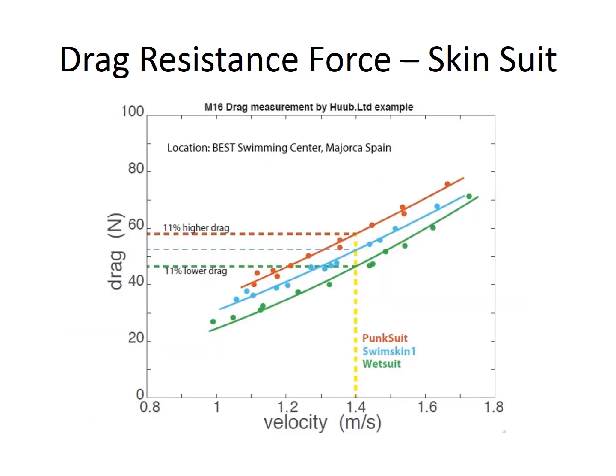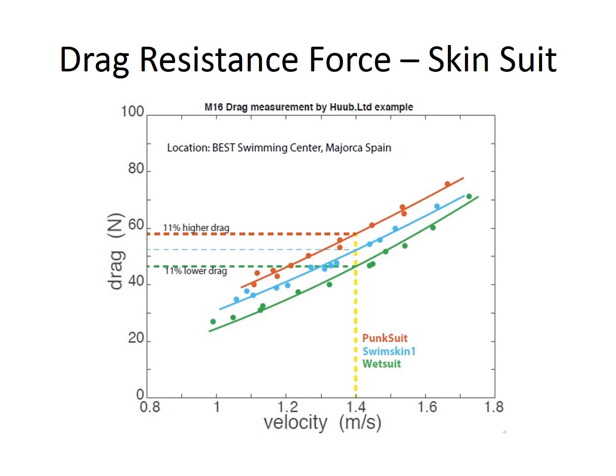Here's some of the data resulting from using that type of system. On the y-axis is drag force in newtons, and on the x-axis is velocity. We have three suits worn by a particular swimmer in this example. The line in red is one suit, the line in blue is another suit, and the line in green is a third suit, in that case a wetsuit.